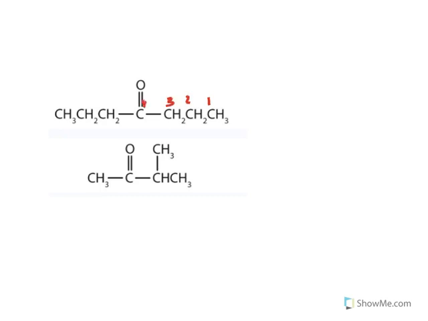And if I start from the other side, 1, 2, 3, 4. So both ways are correct. 5, 6, and 7. So here, as I mentioned, the number should be mentioned when naming the ketone. So this is 4-heptanone. We remove the -e, we replace it by -one.